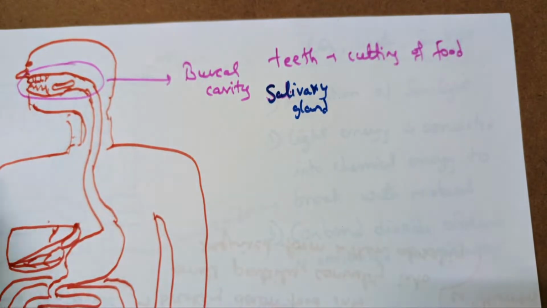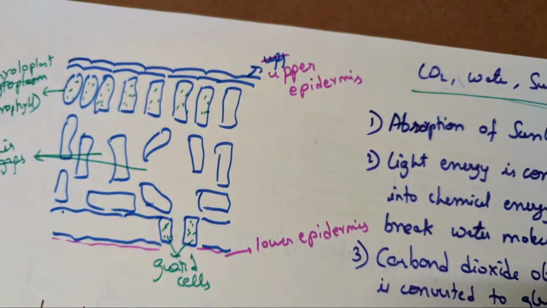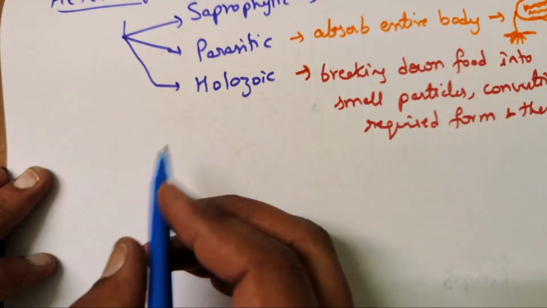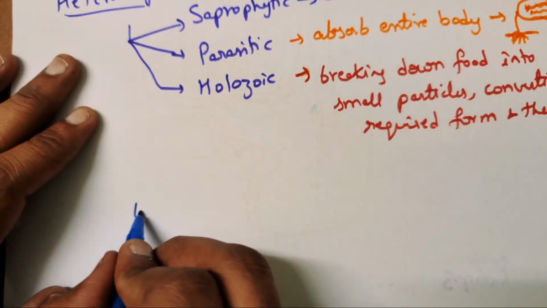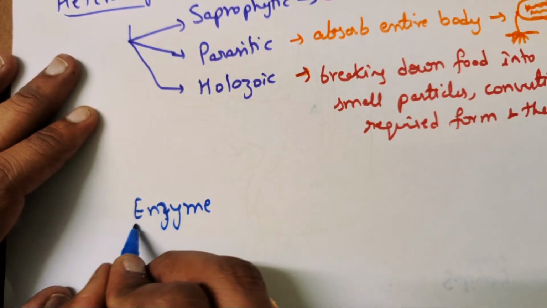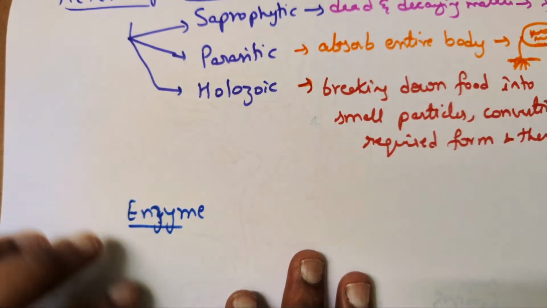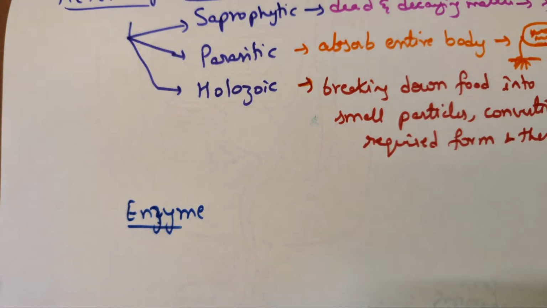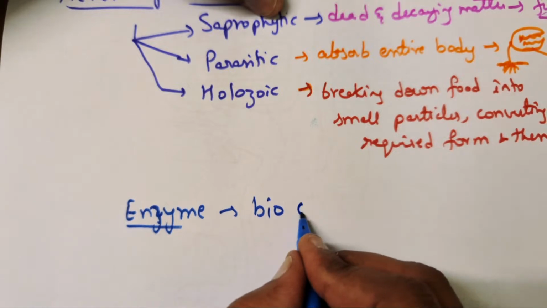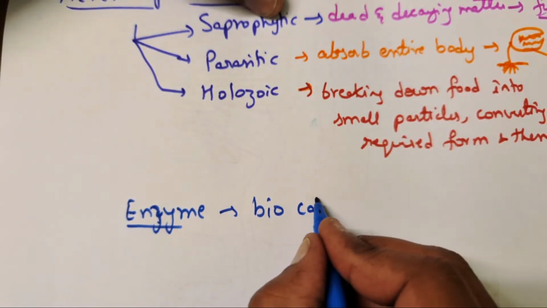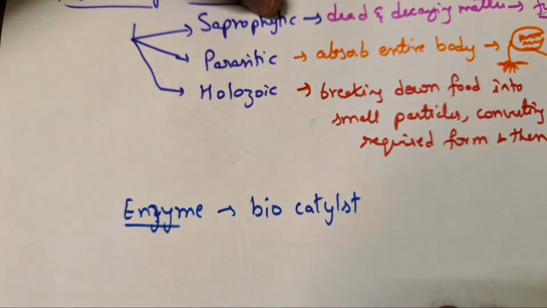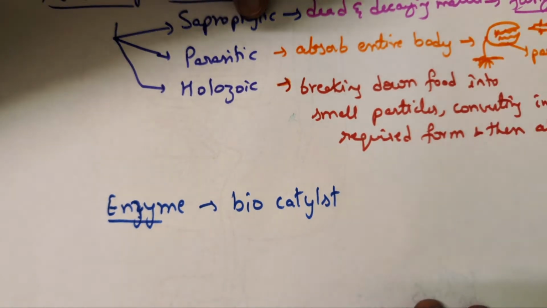Before that, I will tell you we have one important part during digestion, which is called enzyme. Let's see what about enzyme first. So enzyme is a biocatalyst. Catalyst, I think you might have heard, is the one which helps to perform any chemical reaction.